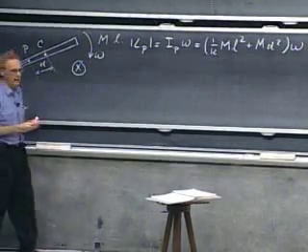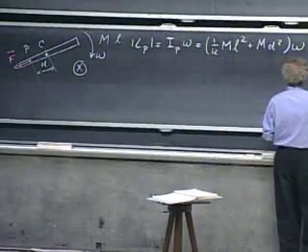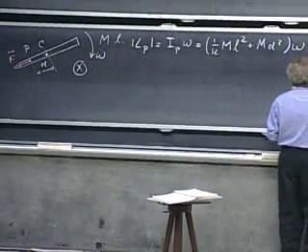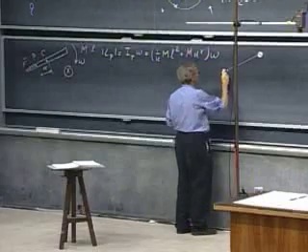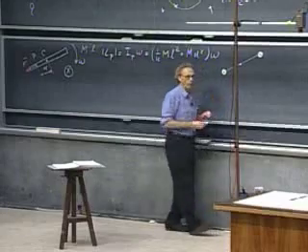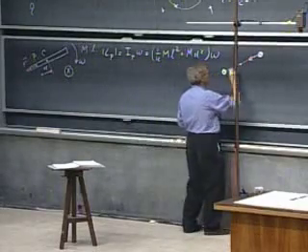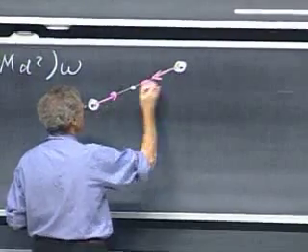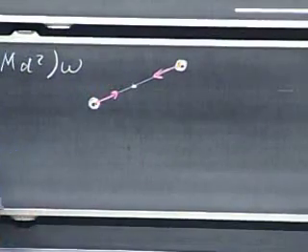And I can make you see that best by first showing you a case of a massless rod with two equal masses at both ends, and I rotate about this axis perpendicular to the blackboard. There is going to be a centripetal force here and a centripetal force here, and the two are equal, they cancel each other out, so there will be no force on that pivot point about which the two rotate.